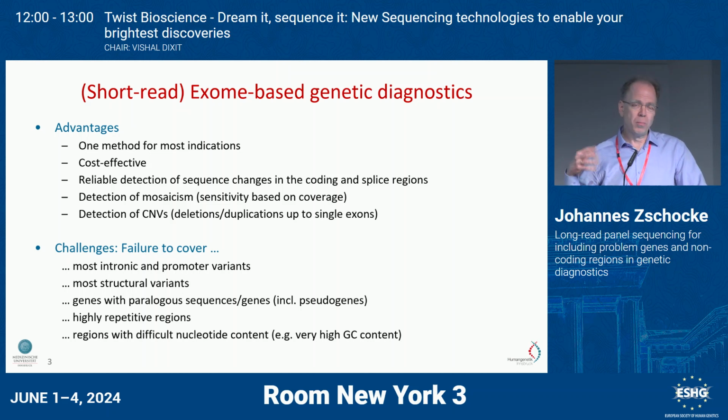We do not normally get structural variants unless they really interfere with the exons. We have a real problem with paralogous genes, highly repetitive regions, and also high GC content regions. So we all use it, and we all know that it's not good enough.